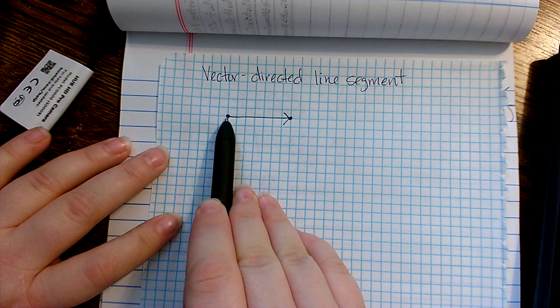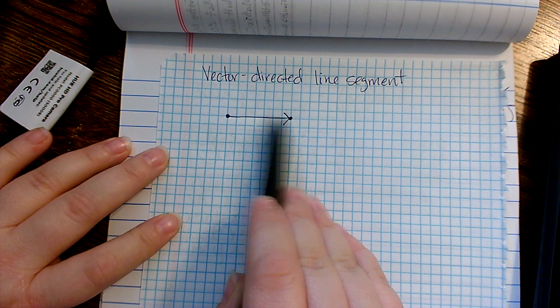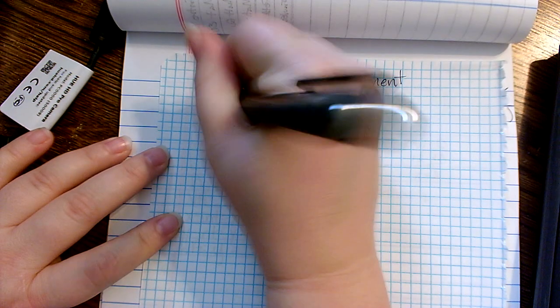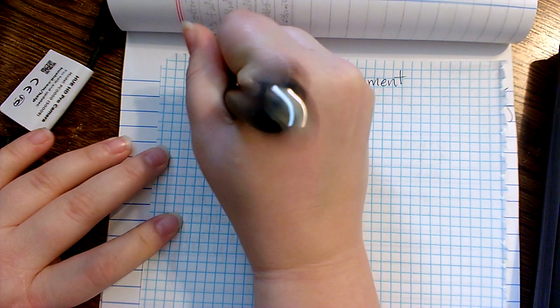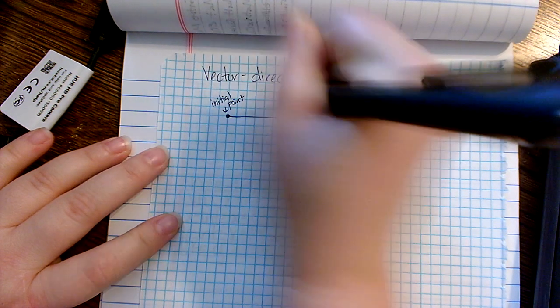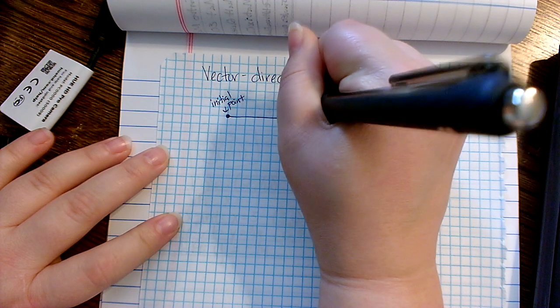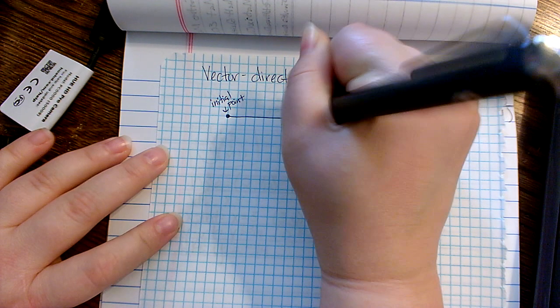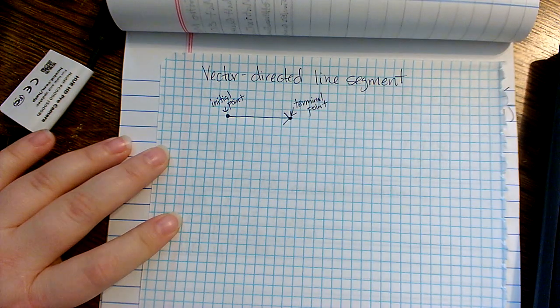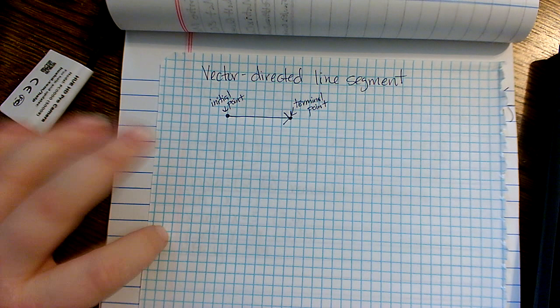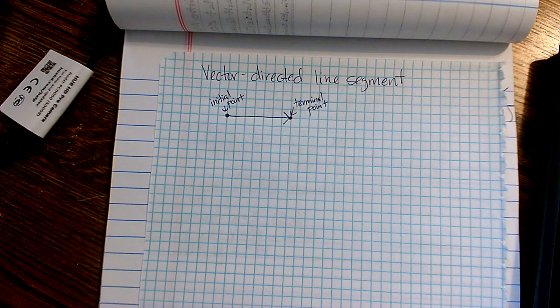So this is the starting point, or the initial point, and this is the ending point, or the terminal point, of our vector. So a vector is just a directed line segment.